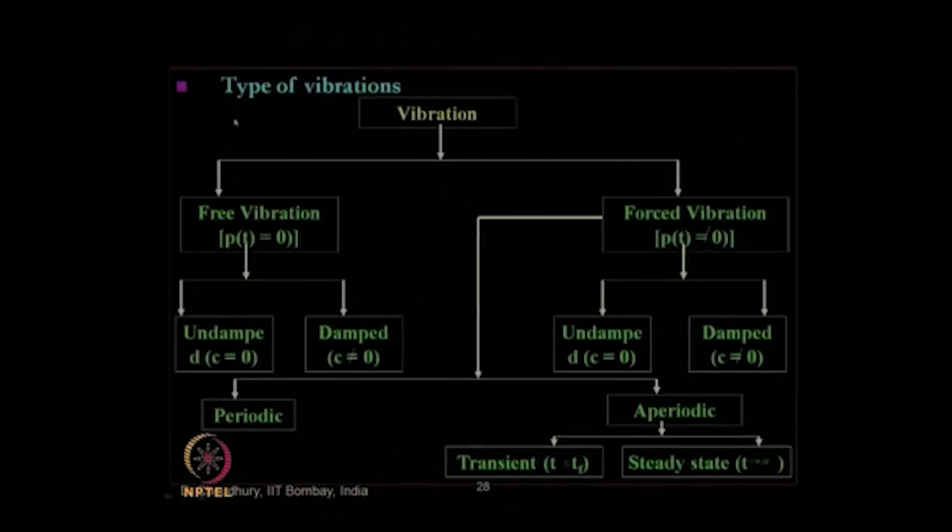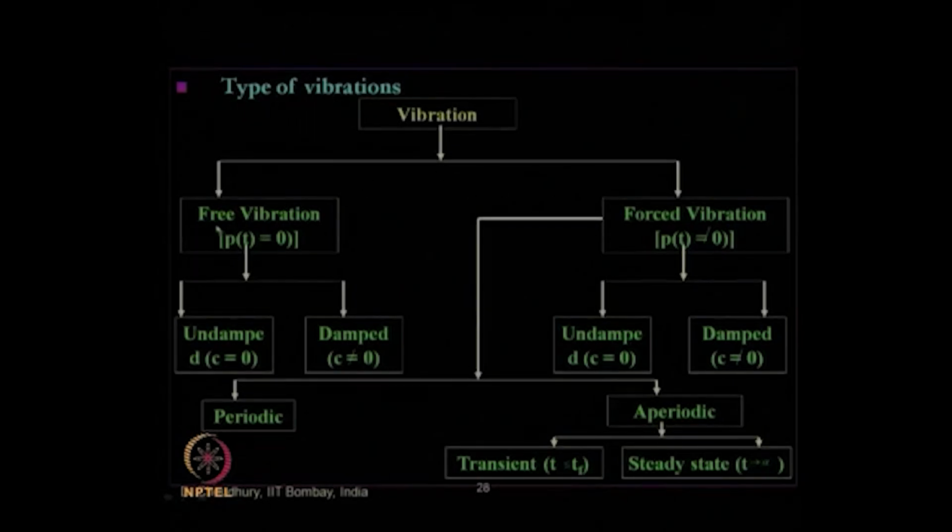Then, about the various types of vibration, vibrations can be categorized into two major components. One is called free vibration. What is called free vibration? When the externally applied dynamic load, that is p of t, is 0. Then why does that vibration occur? Because that vibration occurs due to the initial displacement and initial velocity. So, initial tapping or initial application of a force is necessary to create a free vibration.